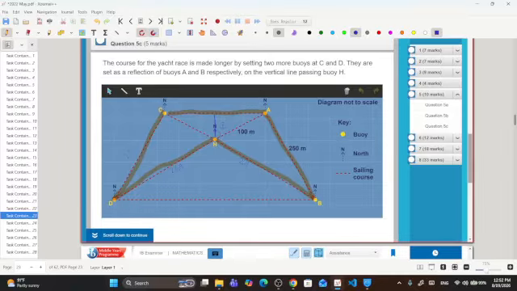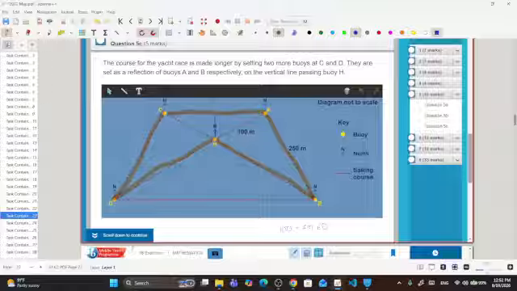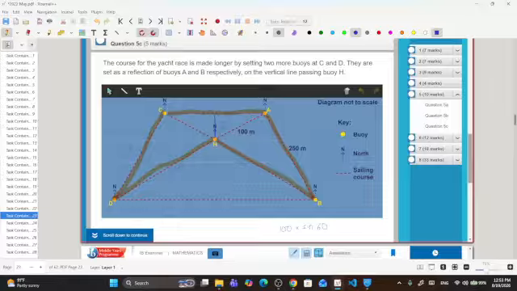So 100 multiplied by sine of 60, and then we multiply it twice. 100 multiplied by sine of 60 becomes 86.6, and then we have to multiply it by 2, so we get an answer of x equals 173.2.